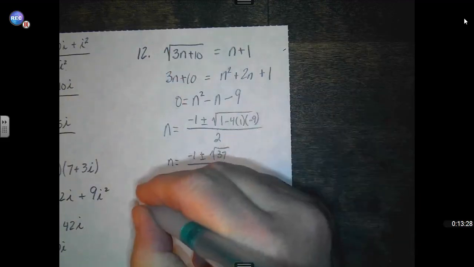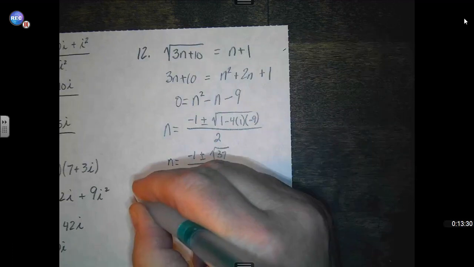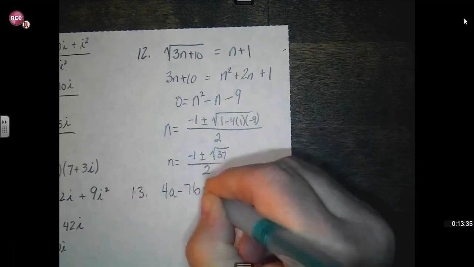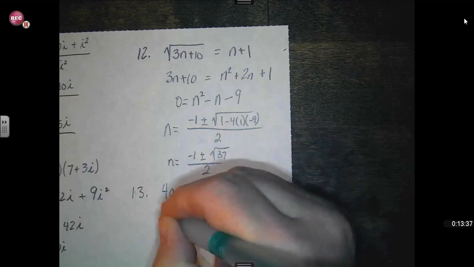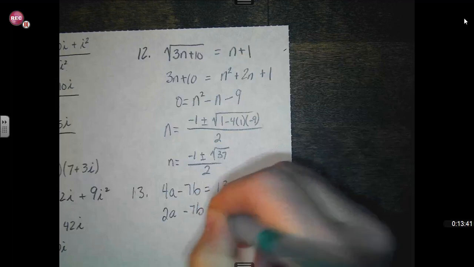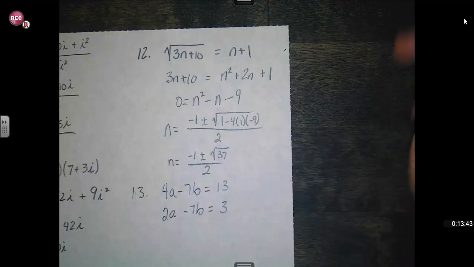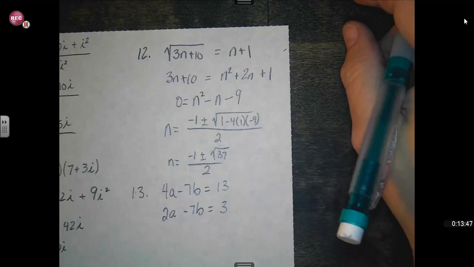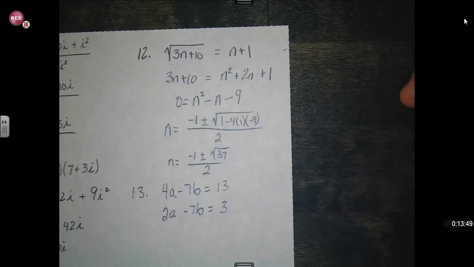Okay. 13 is 4a minus 7b equals 13, and 2a minus 7b equals 3. And this is a system of linear equations. We have two variables, so we need two equations to solve that.